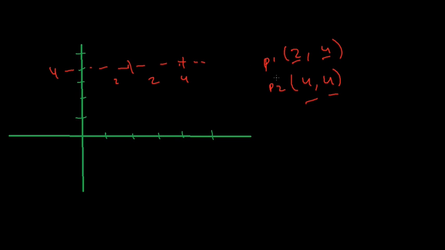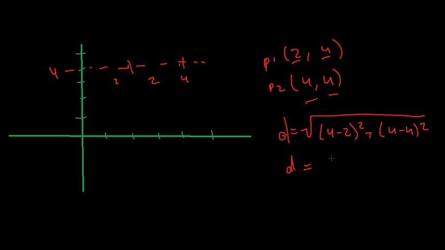But we can go ahead and do the distance formula just to prove the fact. So we have 4 minus 2 squared plus 4 minus 4 squared. The distance is equal to the square root of 2 squared, and this other one drops off. The radical and the square cancel each other out, so the distance is equal to 2.